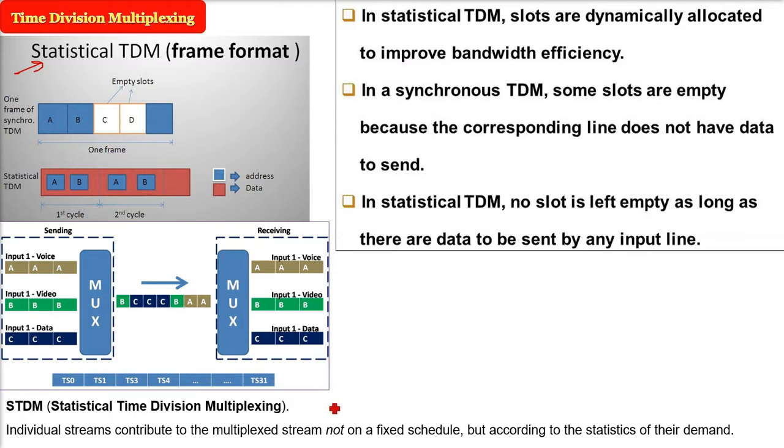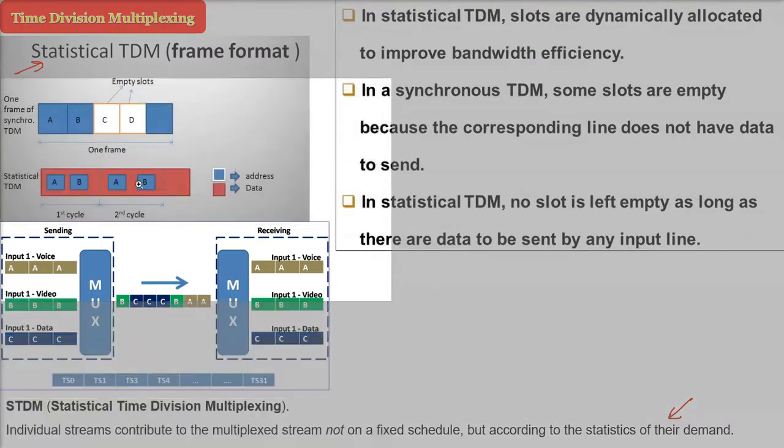In TDM, if a seat is vacant, no one else can sit, because it is reserved for someone else. In statistical TDM, or STDM, if someone is asking and the channel is free, or in the time slot no one else is sending, it will be given the chance. Okay, you can come and send.